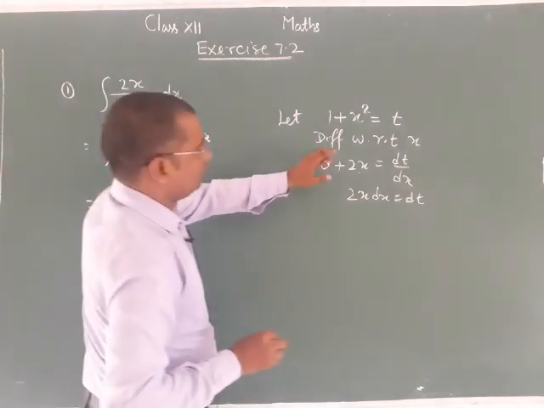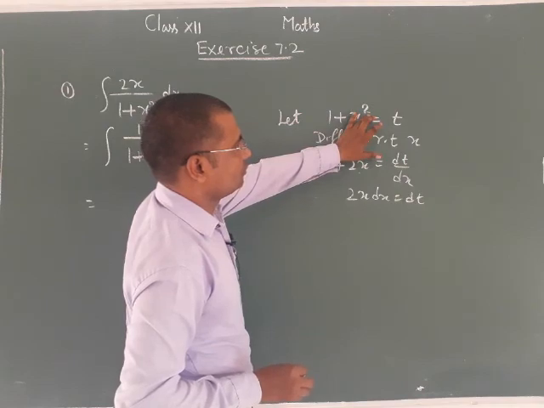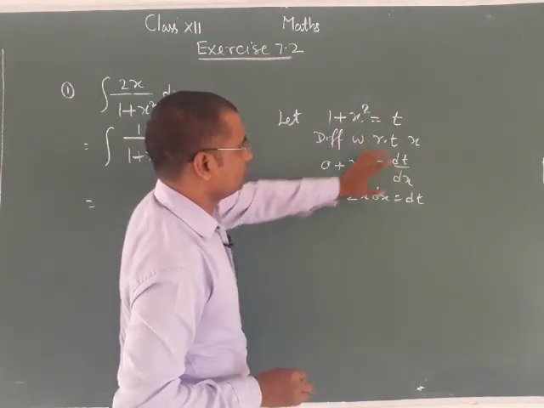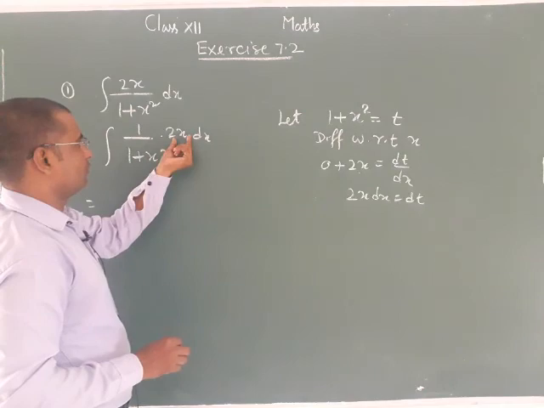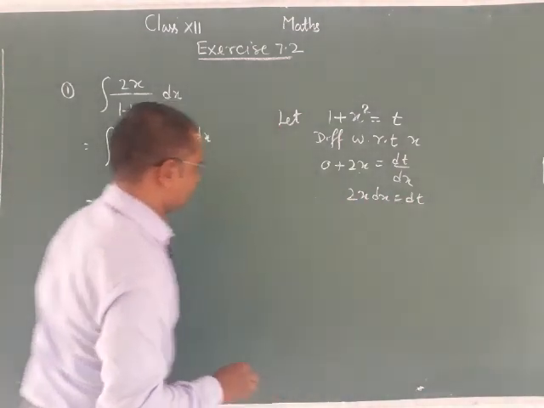Now 1 plus x square is equal to t, put it here, and 2x dx is equal to dt.